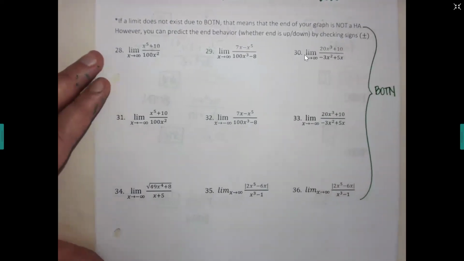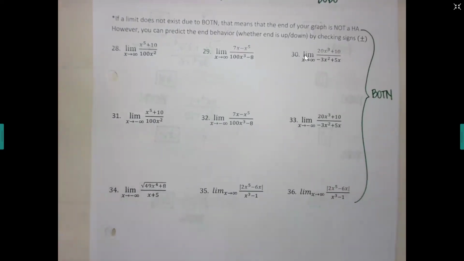You can check for each one, but I'm just going to save you the trouble: they're all bigger powers on top. If you need to know whether it comes out as a positive or a negative infinity, you're just going to do a little sign check. If x is going to infinity, that's positive. If I raise it to the 5th power, how will the top come out?